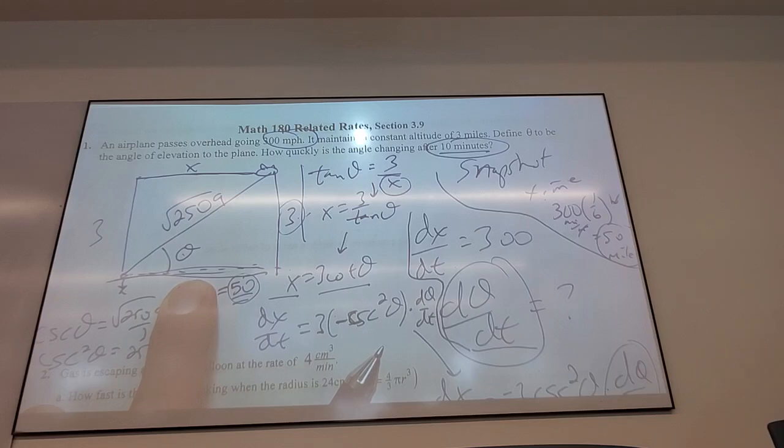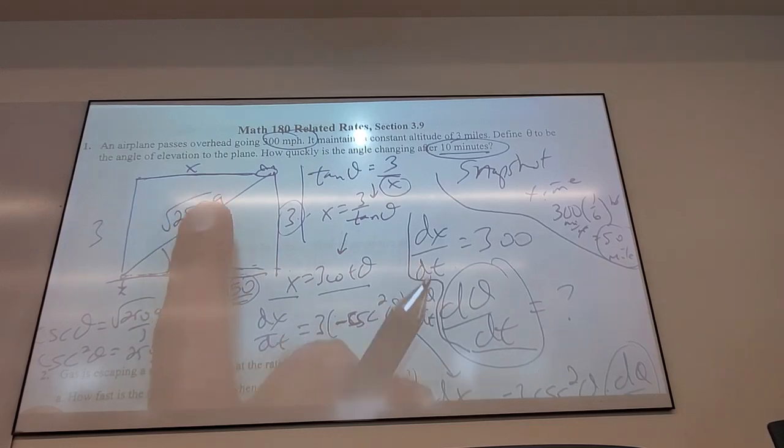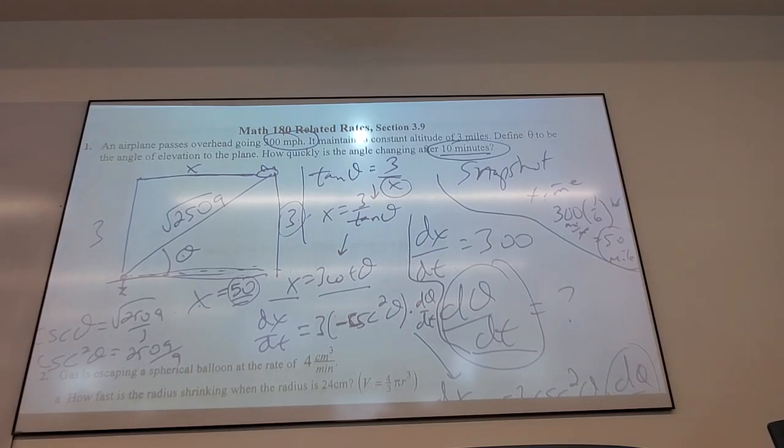Off the top of my head, I can't think of a problem where you don't want to draw a picture. You will then assign variables to anything that's changing in the picture over time. Imagine the plane is up there, now it goes over there. Obviously this length is changing, obviously the angle is changing. You start to see what variables you need and which ones change over time.